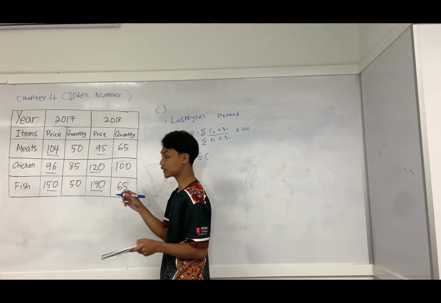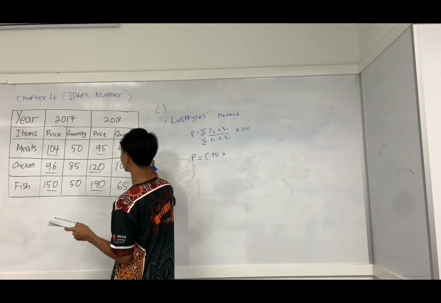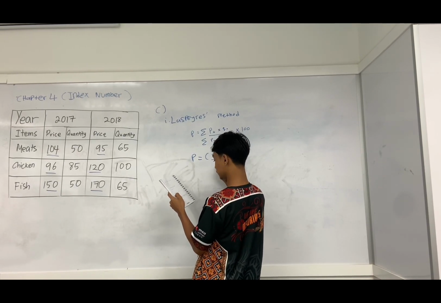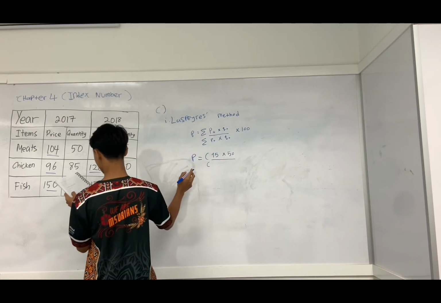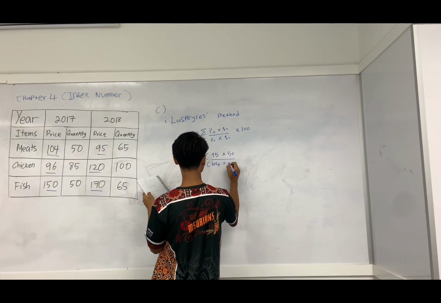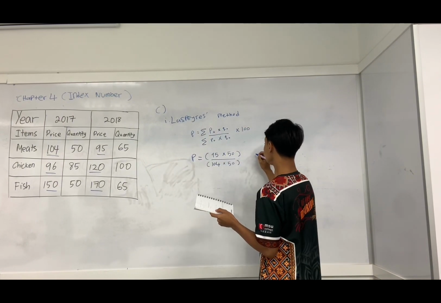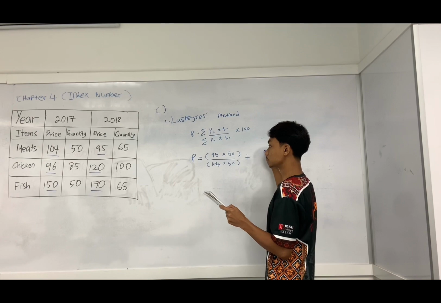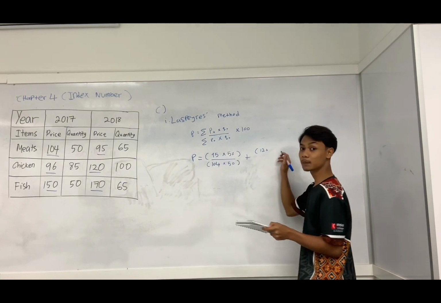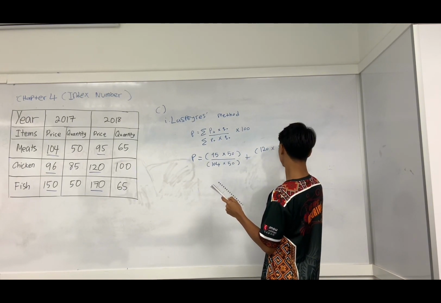PT is the current price for meat, 25, multiply by quantity Q0, 50. P0 is the previous price for meat, 104, multiply by 50, plus price and quantity for chicken. Follow this formula, 120 multiply 5.